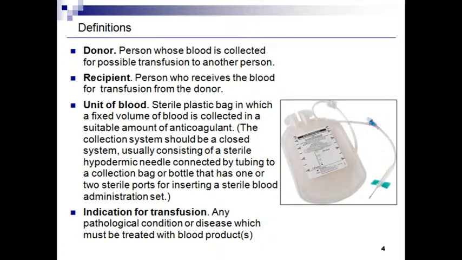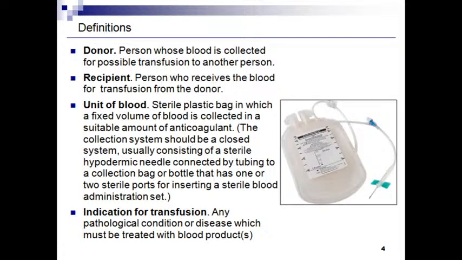A unit of blood is a sterile plastic bag in which a fixed volume of blood is collected in a suitable amount of anticoagulant for preservation and stabilization of the blood components from decay, from lysis, during storage time.